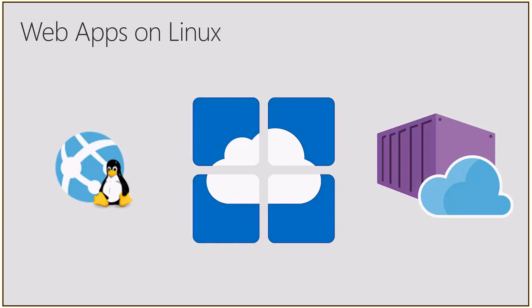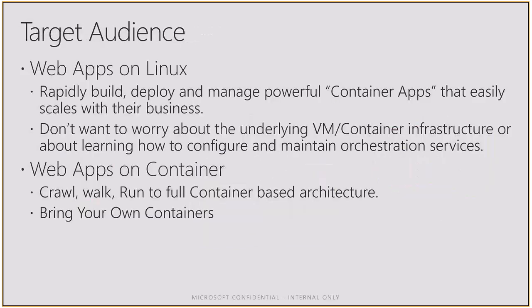It will be running Debian, it will be running Apache. But let's say you are running PHP with Tomcat, or a different combination. You can create your custom container and bring it to Azure. That's the second part, web apps for containers. In that case, you can bring those containers in.